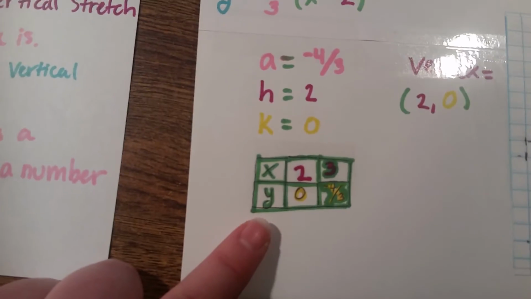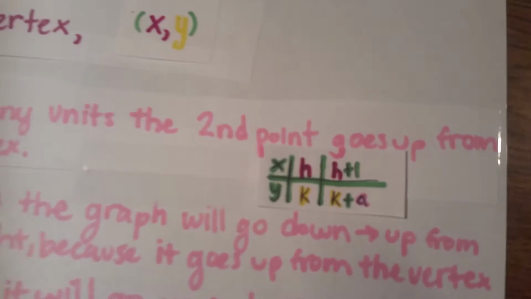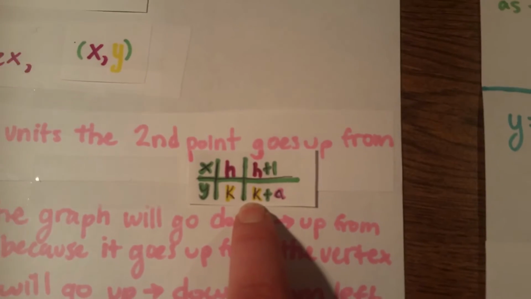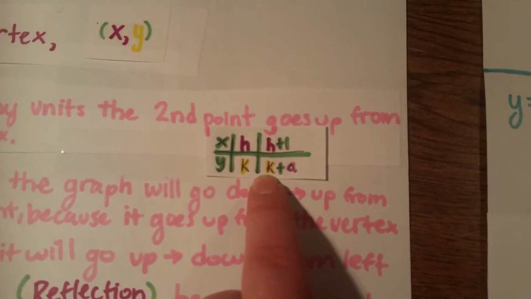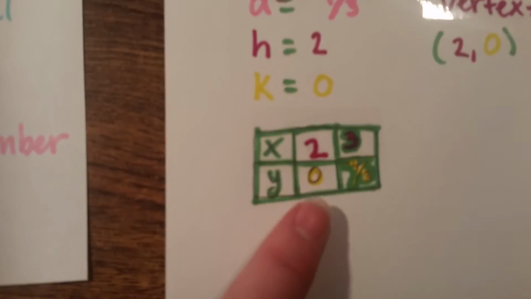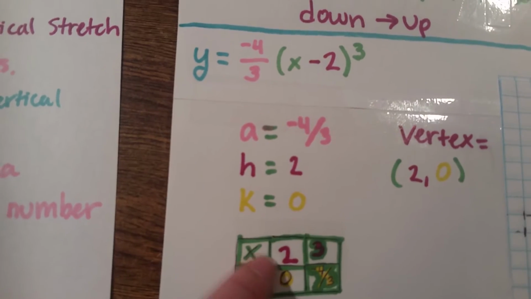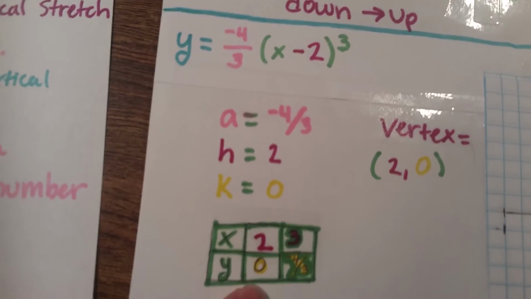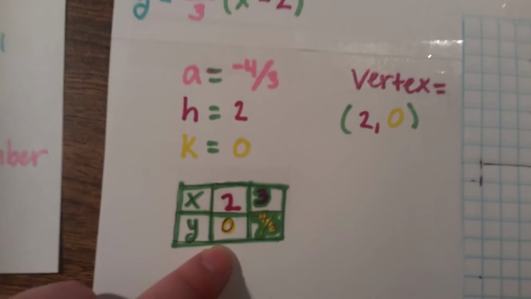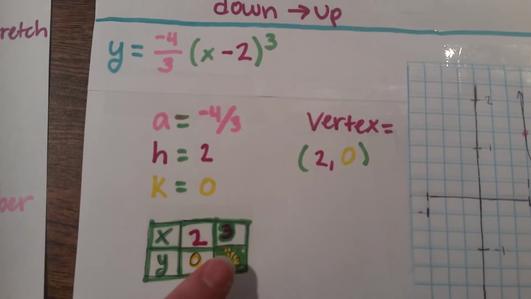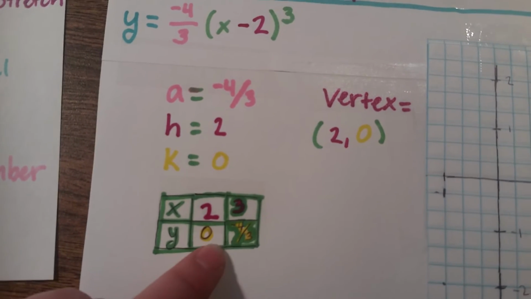And once again, we've used this graph of this, kind of weird to say, so I'll just let you see it. So since h equaled 2, we put 2 there. k equaled 0, so we put 0 there. And then h plus 1, so 2 plus 1 is 3, so there's 3.